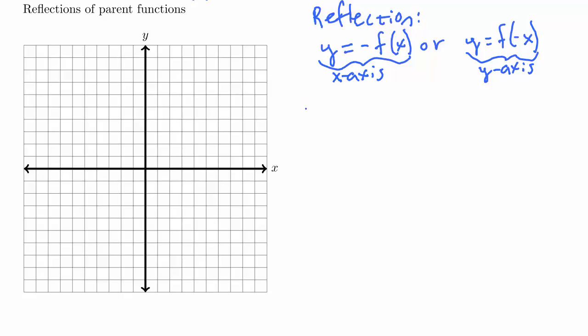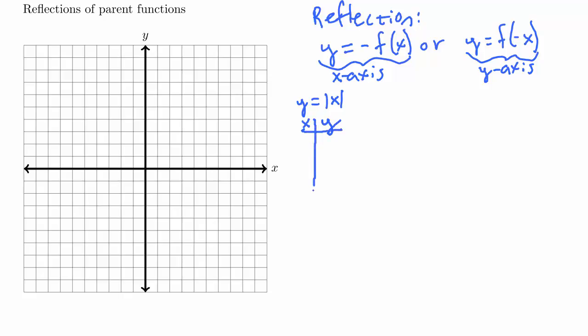Now, to illustrate this, I'm going to use a function that I didn't really do on the parent functions, but it can be good for you to know. It's y equals the absolute value of x. Absolute value, of course, simply means the distance from 0. The domain is all real numbers, and the range is 0 to infinity, including 0.